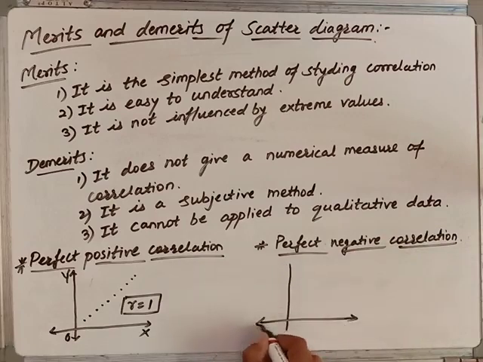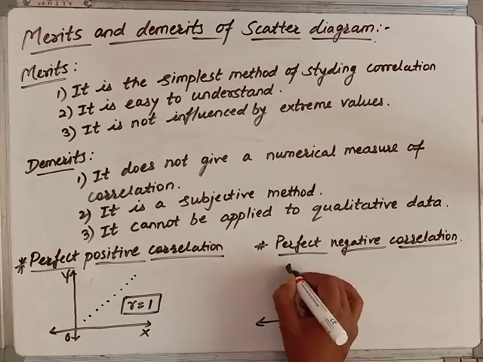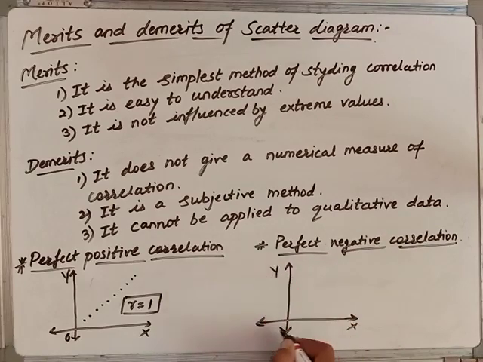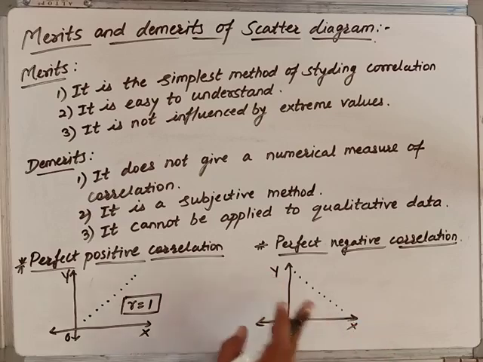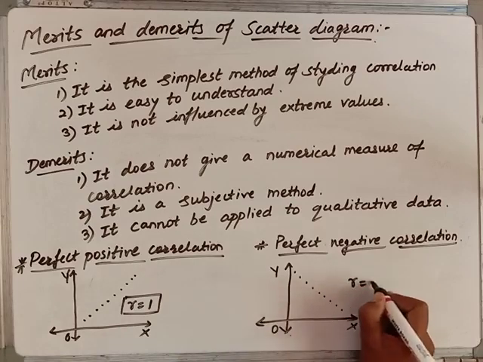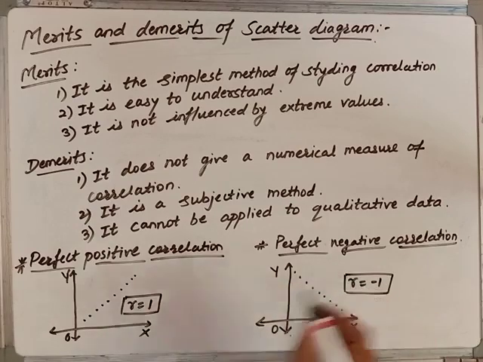Here obviously the graph decreases, from the upper left corner to the lower right corner. Here r is equal to -1. Remember this. Similarly, there are high degree positive correlation, high degree negative correlation, low degree positive correlation, low degree negative correlation, and no relation. We will see the scatter diagrams for them.